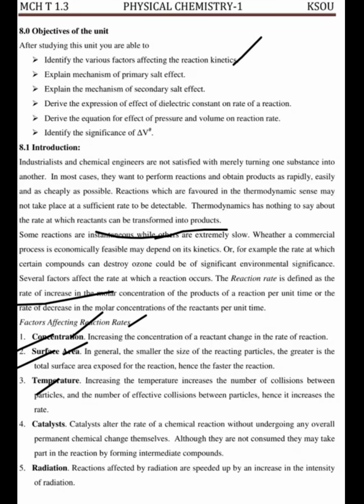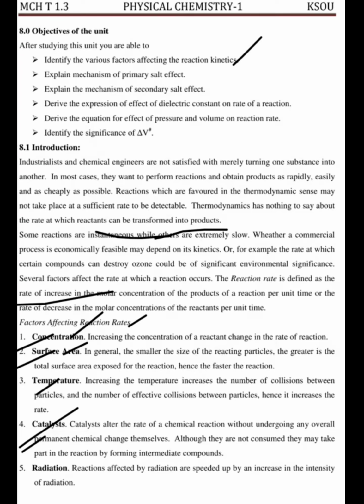Also with respect to catalysis. While you are using a catalyst, what is the use of the catalyst? What does a catalyst do? Whether the reaction rate increases or decreases, a catalyst can be used.